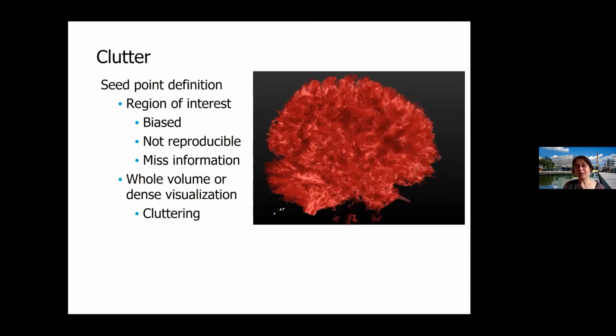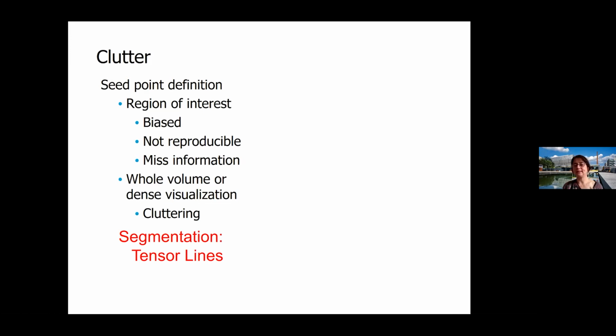Given the time, I will not go into big detail here, but I just want to mention that one of the biggest problems you have is that if you do, for example, fiber tracking of the whole brain, you get a spaghetti pot like the one you see here. So you need to find strategies to make this more structured, so that it better reflects the bundles and the white matter structure that is in the brain. For doing that, people often use segmentation of tensor lines.